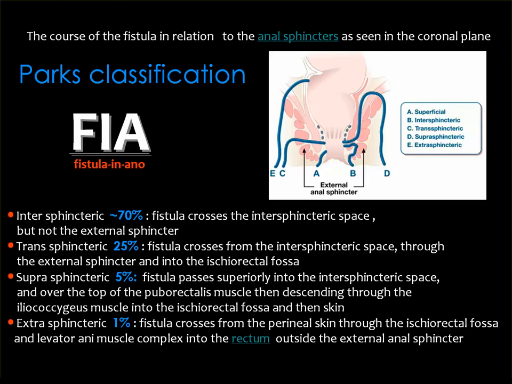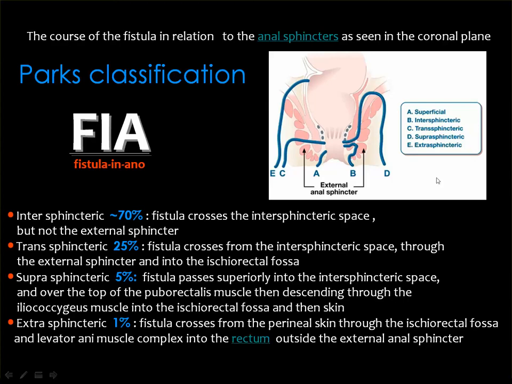Then I am sorry, this A represents the superficial fistula, which is known sometimes as a mucosal or submucosal lesion, and this type, if it does not reach the exterior, then you call it an anal fissure.